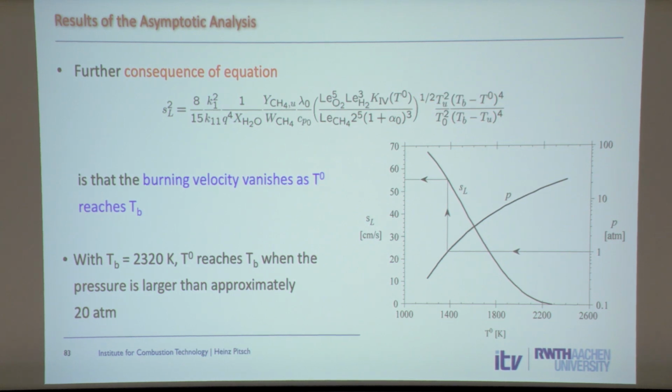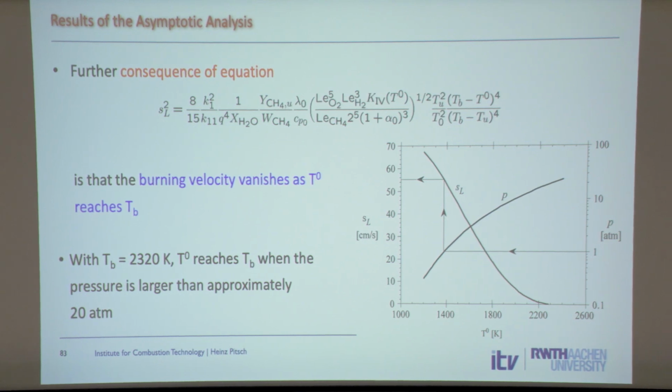So this means that if I dilute the mixture enough so that TB gets smaller and smaller, and TB is the same as the inner layer temperature, then the burning velocity will be 0. That means the flame doesn't burn anymore, the flame will extinguish. That's interesting because for the thermal flame theory, you make the temperature lower and lower, it gets slower and slower, but the burning velocity will never go to 0.